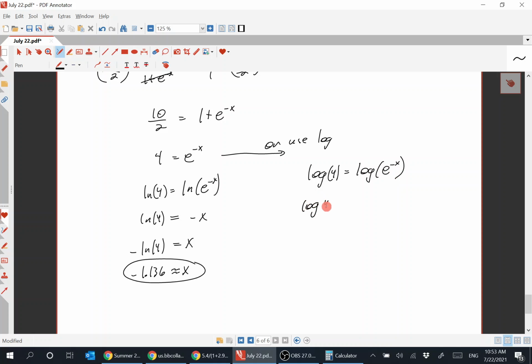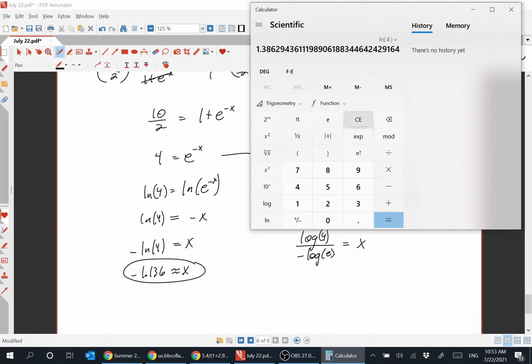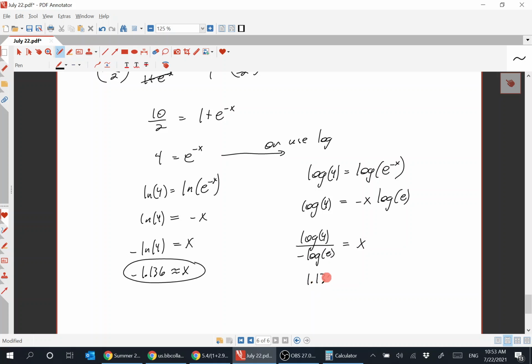So now we have log of 4 is equal to minus x log of e. So log of 4 divided by minus log of e is equal to x, but that will give you the exact same answer. So log of 4, divided by log of e, equals 1.3863. Of course, it's negative. So you can use either log function. Doesn't matter.